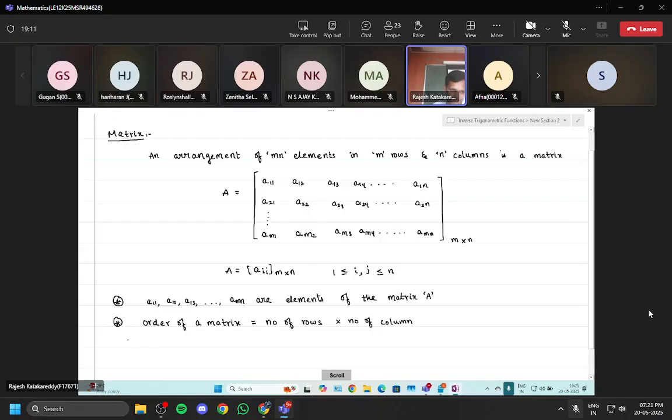Now, if they have given a matrix, you know the order. In that case, we can find the number of elements. The number of elements in a matrix is equal to number of rows into number of columns again.